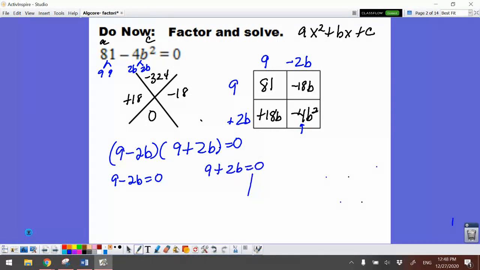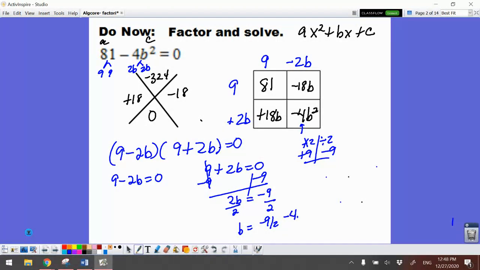And I'm going to solve for b. So think back to this being times 2, divide 2, plus 9, minus 9. So the 9 needs to move first. So I'm going to subtract the 9. That's gone. 2b is going to equal negative 9. I'm dividing by 2. b is going to equal negative 9 over 2, or negative 4.5.